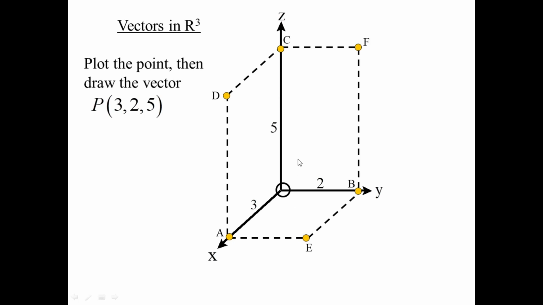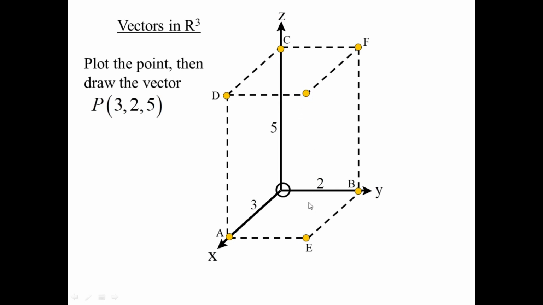Here's another parallelogram, which happens to be a rectangle. This side is parallel to the y-axis, and this side is parallel to the z-axis. And finally, I drew one more parallelogram, where this side is parallel to the y-axis, and this side is parallel to the x-axis.